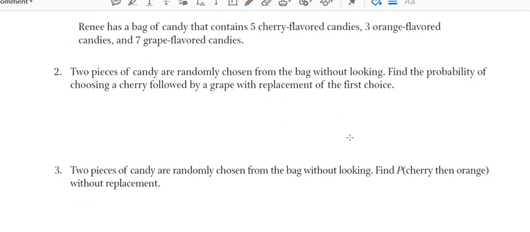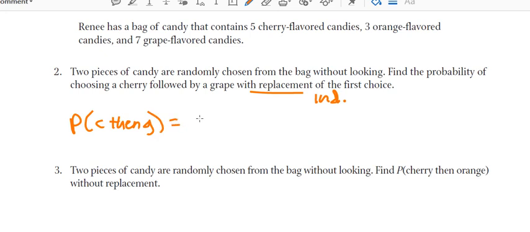All right, so now we've got some candies here. So in the first one here, it says with replacement. So we know that these are independent events. So what happens in the first doesn't affect what happens in the second. So I want the probability of cherry, then grape.